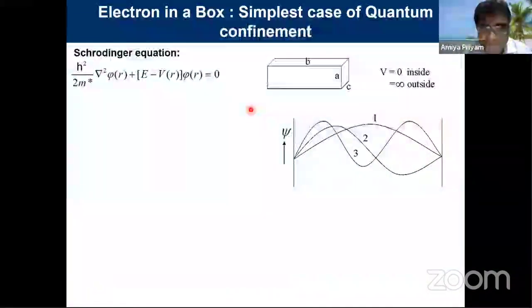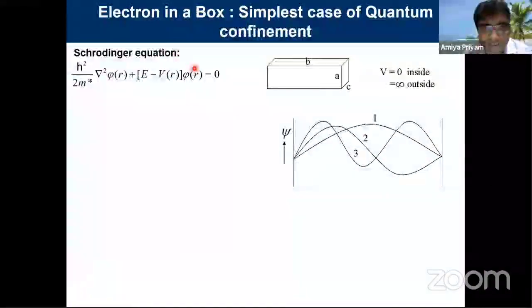It is related to the motion of the charge carriers inside the crystal. This slide gives you a classic example of the particle in a box model, electron in a box.